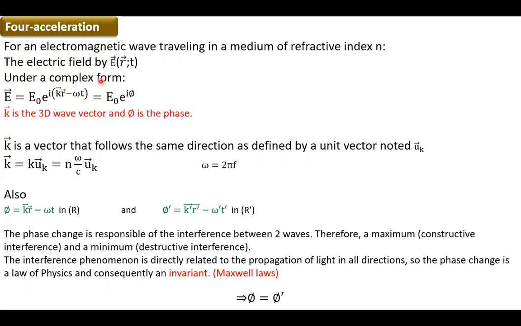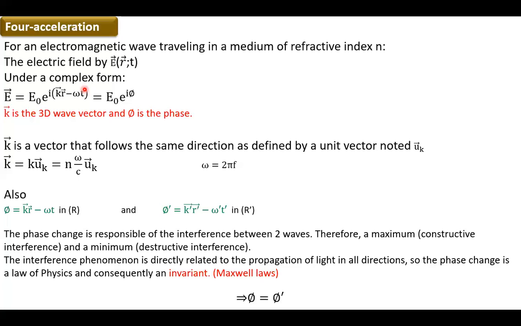You can always write it in complex form. So the vector E, big E, is the magnitude E0 times the exponential of i, this is a complex notation, the i is not an index, it's the imaginary unit, of k r minus omega t.